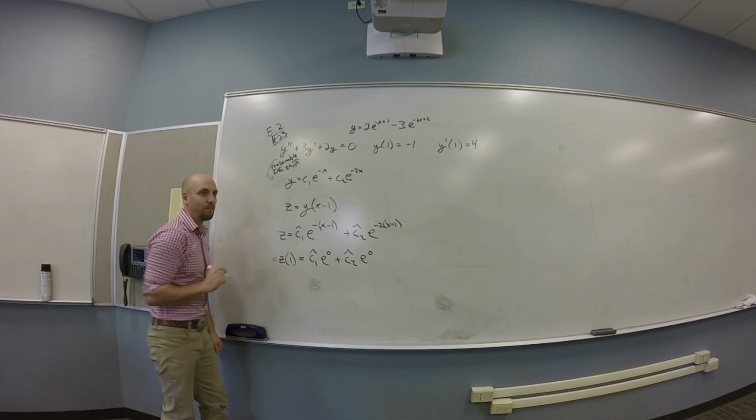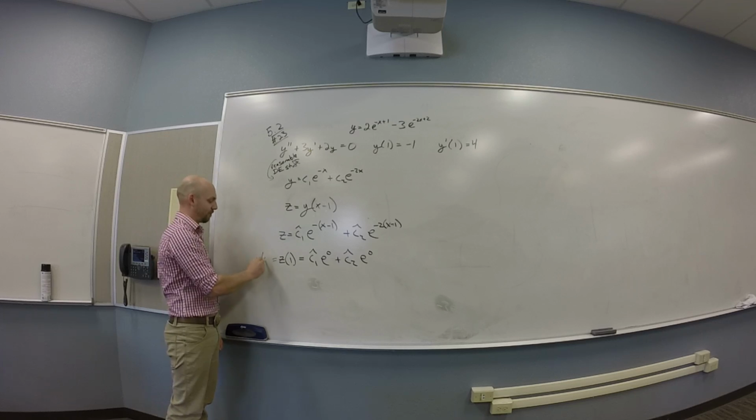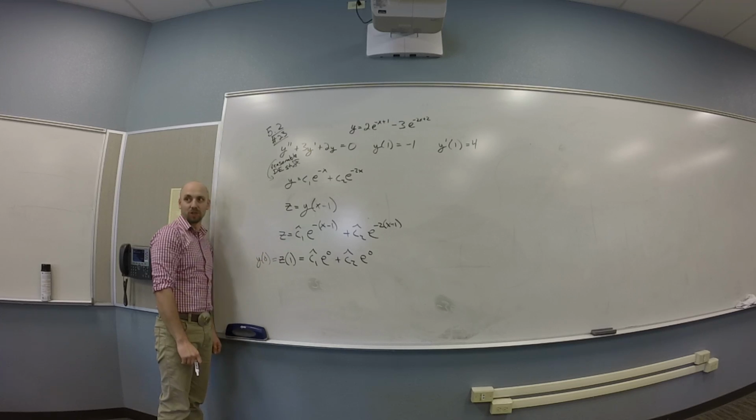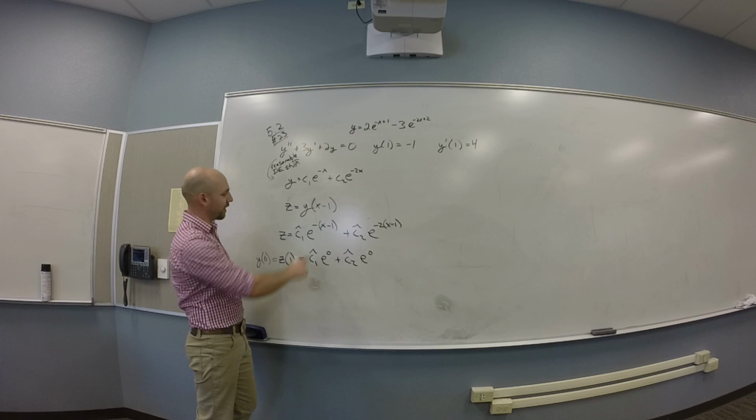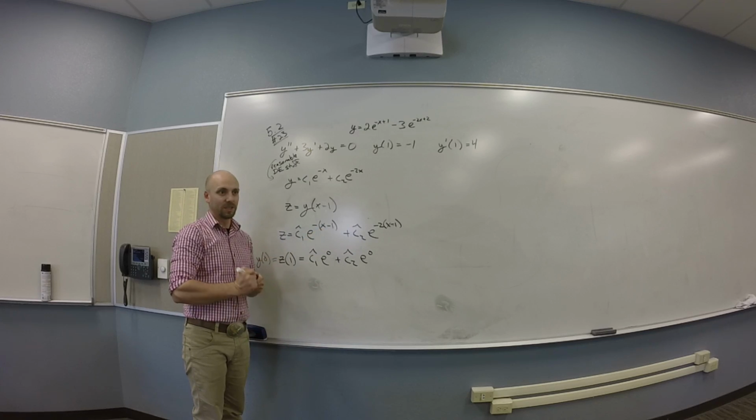Well, the best understanding that I have for z of 1 is that it's y at 0, which I don't know. What I do know is z at 2. You guys with that? But if I plug in 2 into the exponents, I don't get anything convenient. It's the same thing. You guys see this?